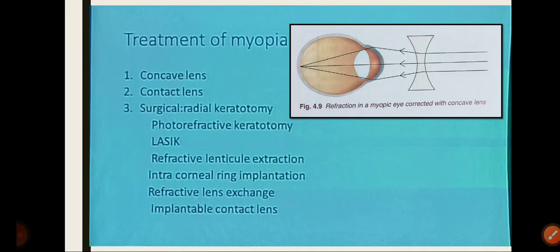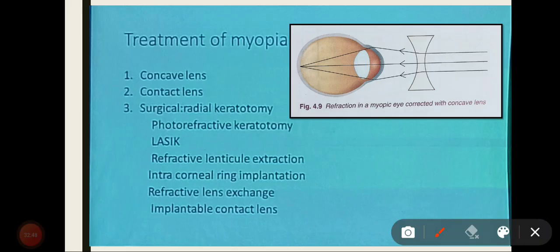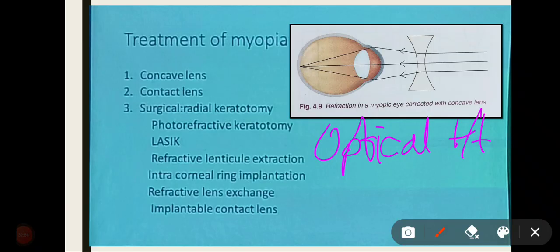In myopia, the treatment is very important. Optical treatment comprises the prescription of the appropriate concave lens so that a clear image is formed on the retina.